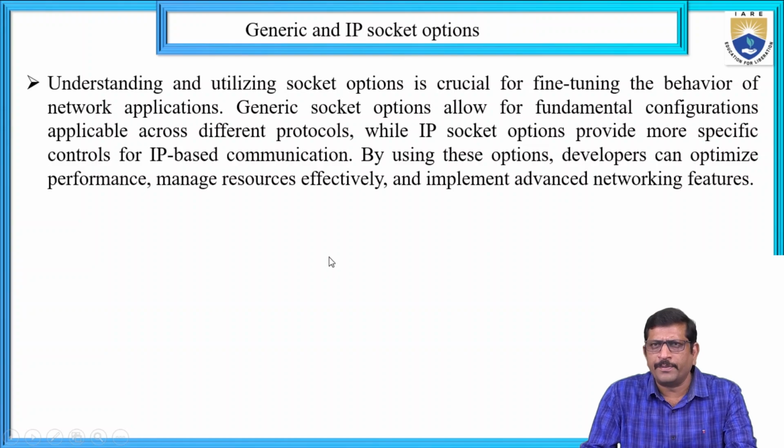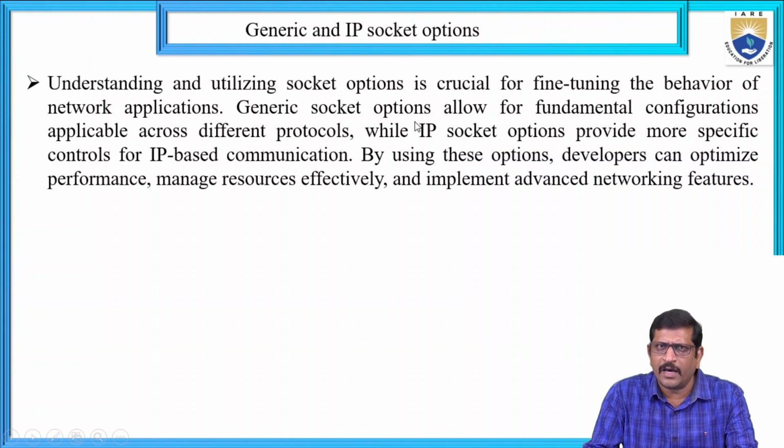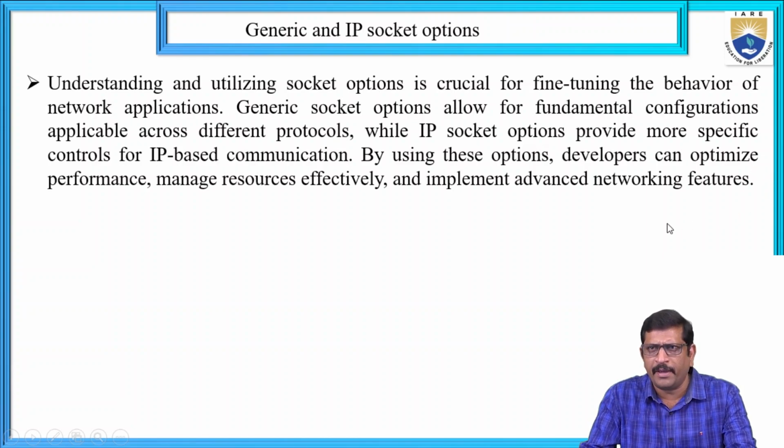IP socket options provide more specific control for IP-based communication, any internet protocol based communication. The best example is internet mail transfer from one user to another user, sending mail from one host to another host.